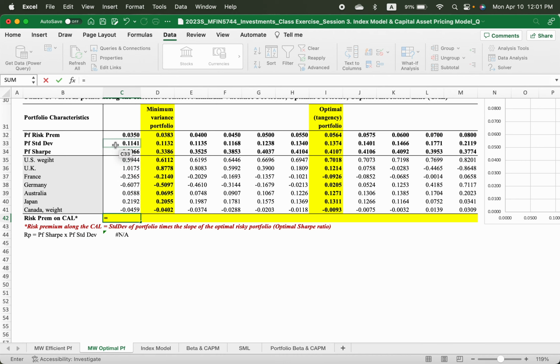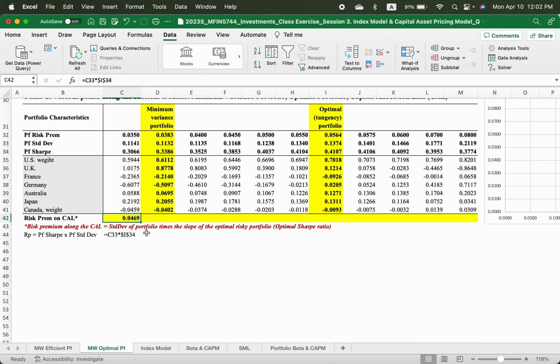So here we calculate what the standard deviation is in this case, when the risk premium is 0.35%. But here, the Sharpe ratio is now the slope. We want to fix this. And so we get the risk premium with this Sharpe ratio, which is the same slope.